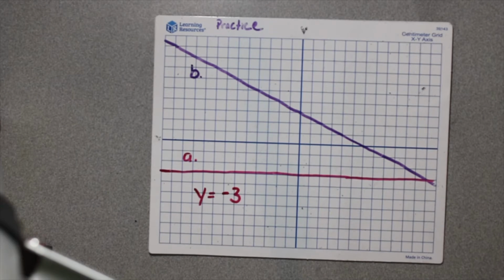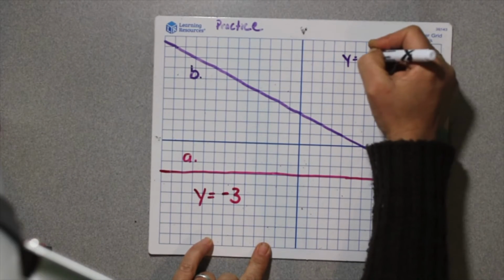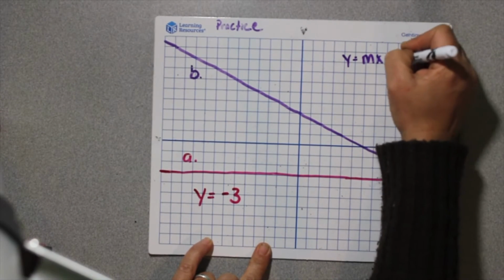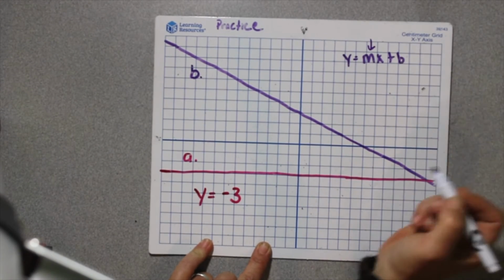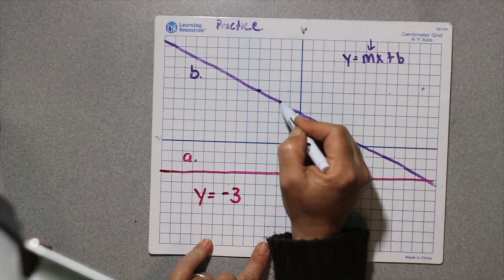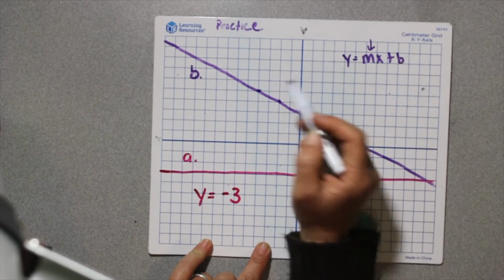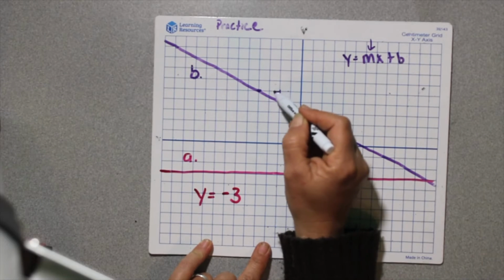Alright, to find an equation for B, we can write y equals mx plus b. That's going to help us. M is our slope, so we would need to find that first. So let's find two places where they touch crossing lines there and there. And slope is rise over run. So we had to go up 1, backwards 3.